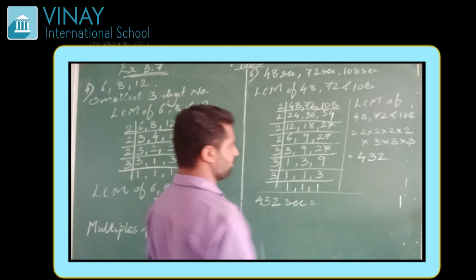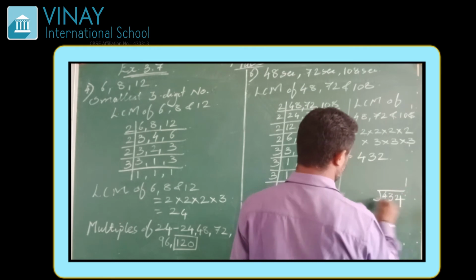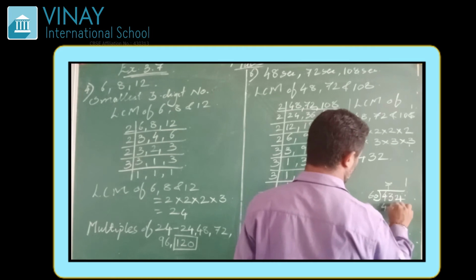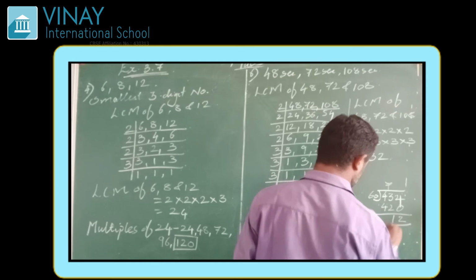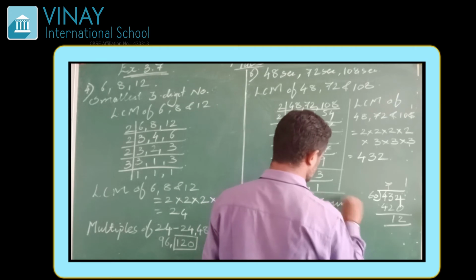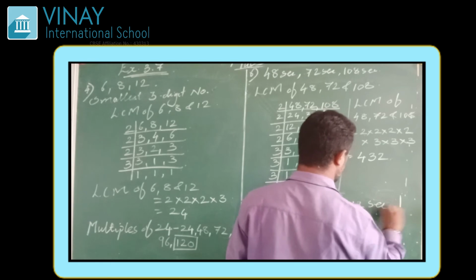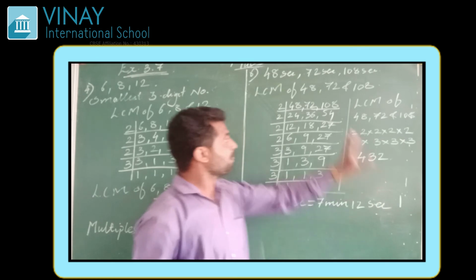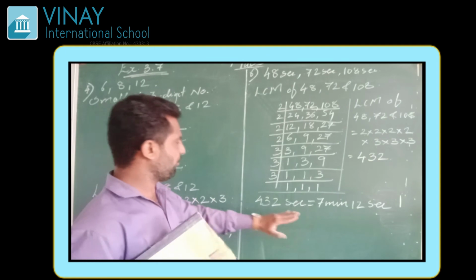When we convert it into minutes, it will become 432 divided by 60, which will be equal to 7 minutes and 12 seconds. 432 seconds is equal to 7 minutes and 12 seconds, means all these lights will again come together after 7 minutes and 12 seconds.